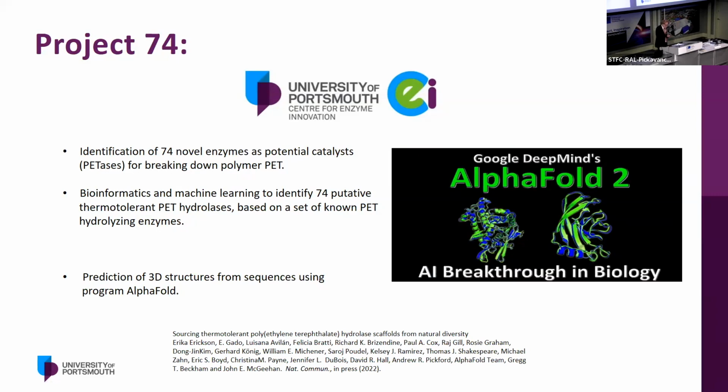What is really interesting, and very fortunate, is that at the time this work was done, the sequences were found, and then along came Google DeepMind with AlphaFold, and we were able to use that program to solve essentially the 3D structures of all of those 74 enzymes.